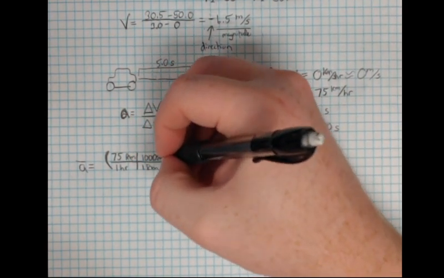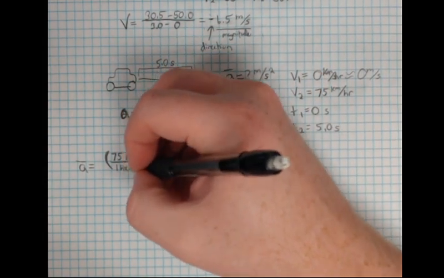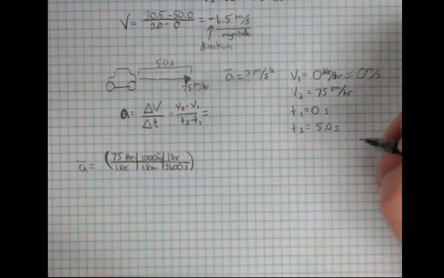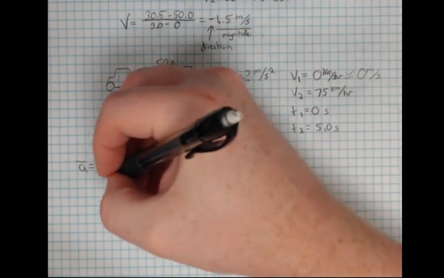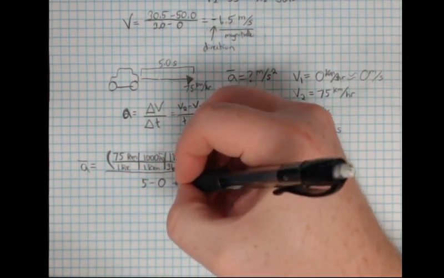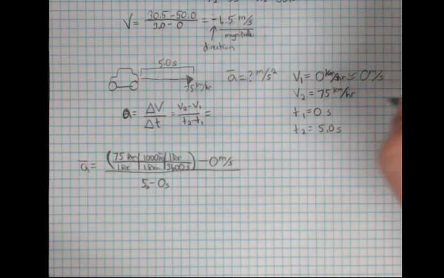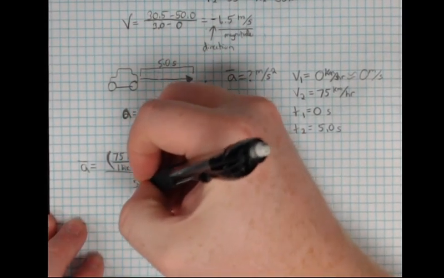My kilometers will cancel, my meters will be there. My hours will cancel. I'll be left with seconds. Then it's going to be minus 0 meters per second over 5 minus 0. And sig fig wise, it will be technically 5.0, but it's 5 minus 0, so it's going to be 5.0.